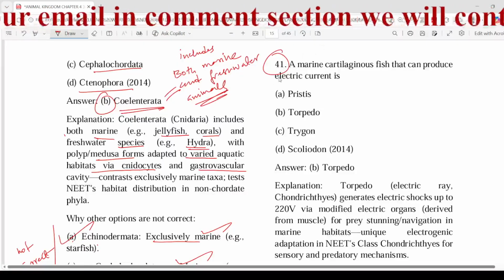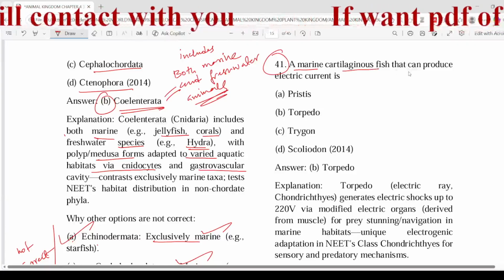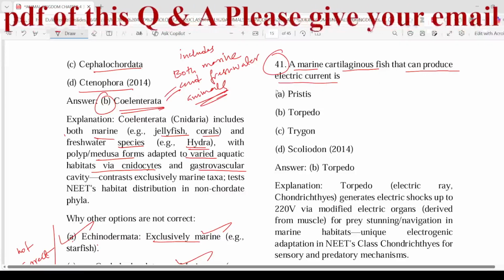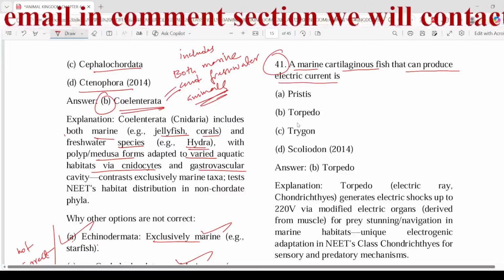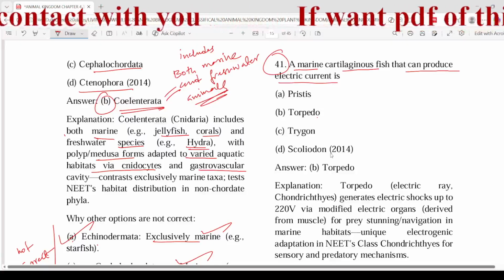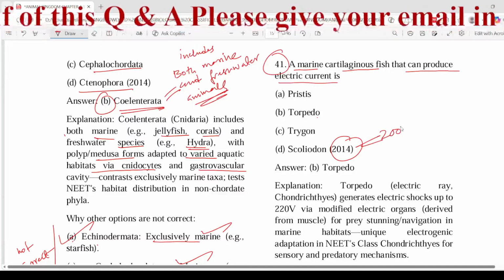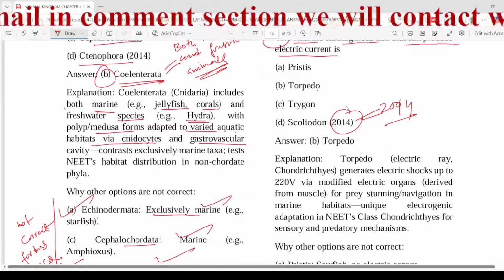Question number 41. A marine cartilaginous fish that can produce electric current. Four options are given: Pristis, Torpedo, option C Trygon, and Scoliodon. It came in the 2014 NEET exam.